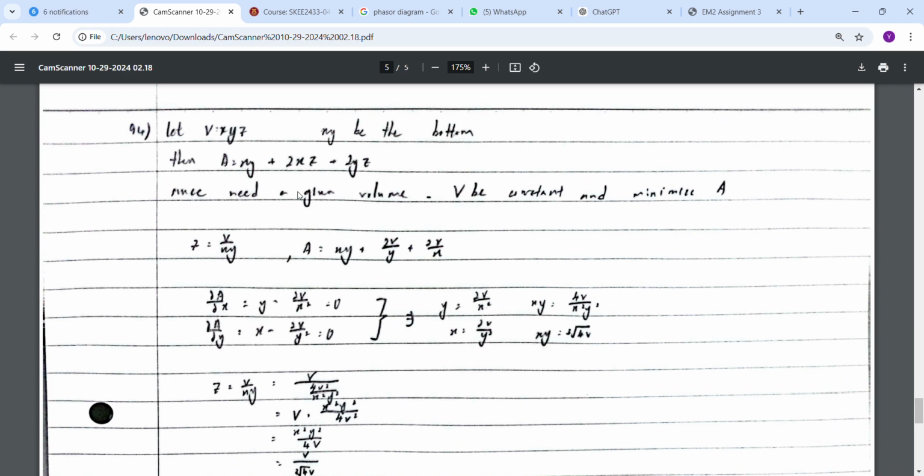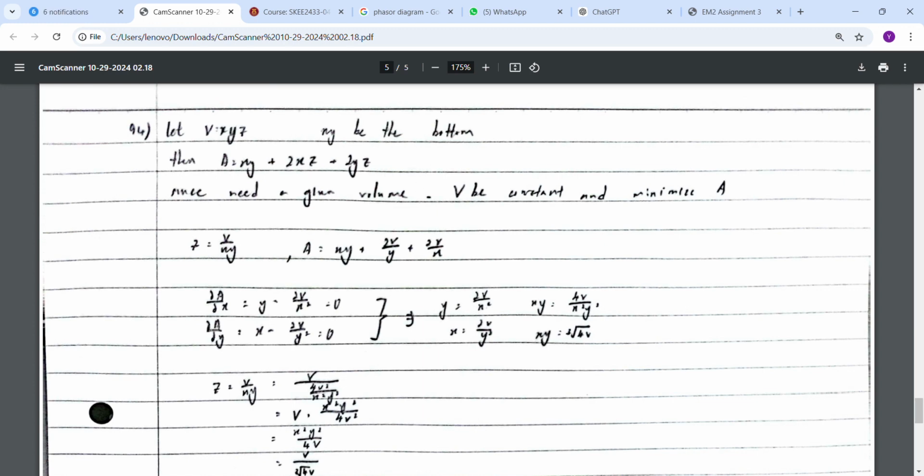First, we assume it is 3 dimensions, so there are 3 axes: x axis, y axis and z axis. So the volume will become x multiplied by y multiplied by z. We assume xy is the base of the rectangular box, so the area is equal to xy plus 2xz plus 2yz.